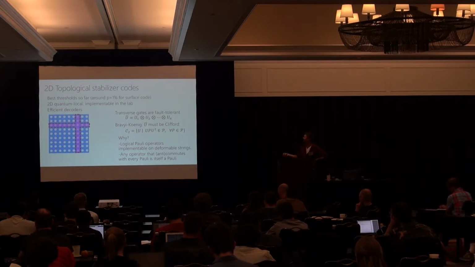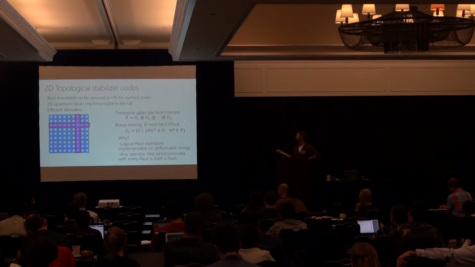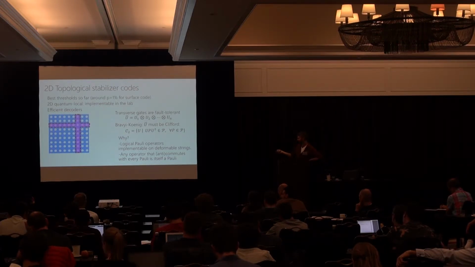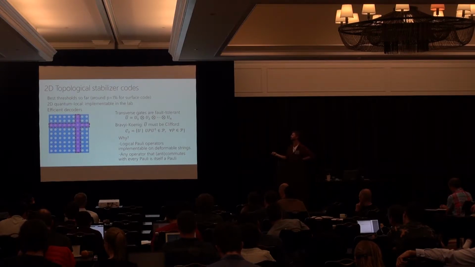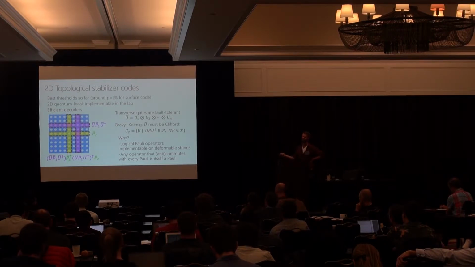The next argument you could make is, if I have some transversal gate U like this, a tensor product of single qubit unitaries, and I apply it to the system, and I consider its action on a logical operator P1, then I should think about how P1 is transformed by conjugation under this unitary. That tells me exactly what the unitary does.